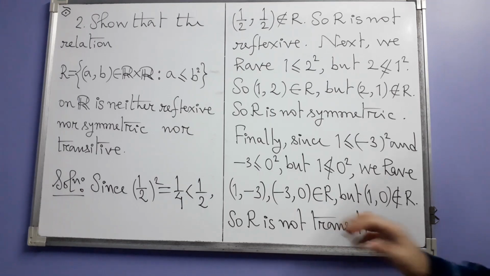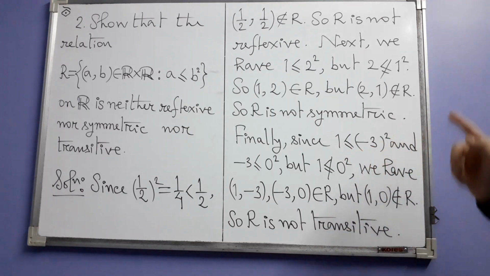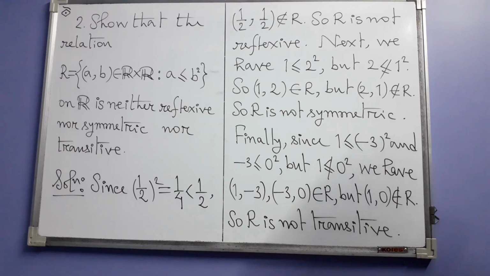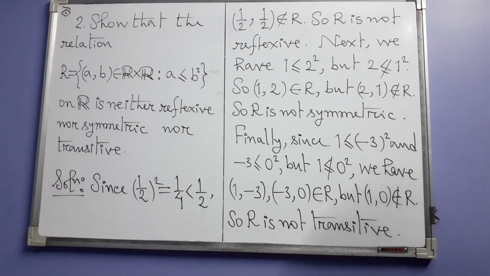Finally, we go for transitivity. 1 is less than or equal to minus 3 square because this will be 9, and similarly minus 3 is less than or equal to 0 square because minus 3 is negative. But 1 is not less than or equal to 0 square.